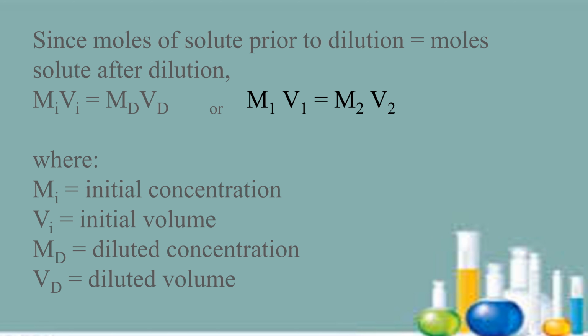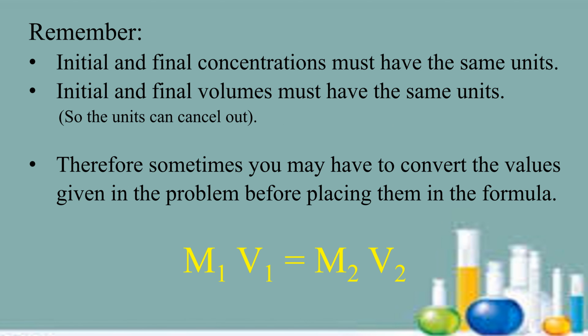The best way to solve these problems is to list your variables, initial and diluted, or the initial and final, which are 1 and 2. Remember, the initial and final concentrations must have the same units, and the initial and final volumes must have the same units, so they cancel out in your algebraic problem.